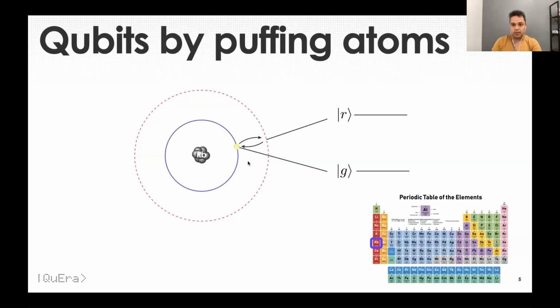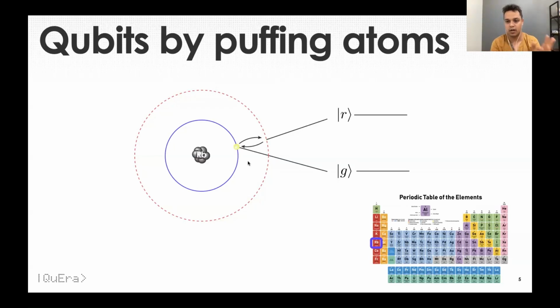create a qubit. A qubit means roughly 2 well-defined quantum states of a quantum object. And in this case, it's this electronic cloud. When you leave it alone without doing anything to it, it sits in what we call the ground state.